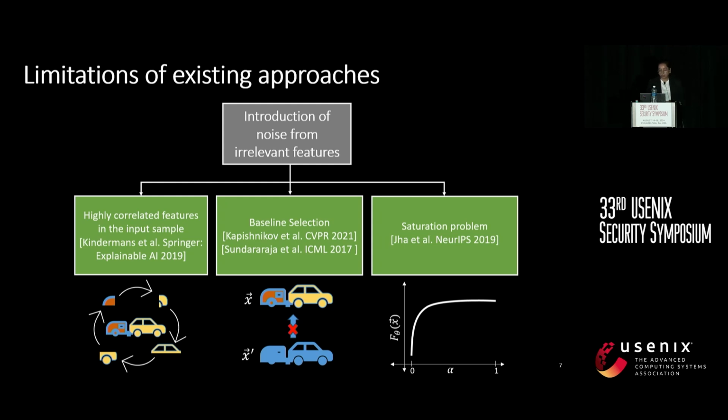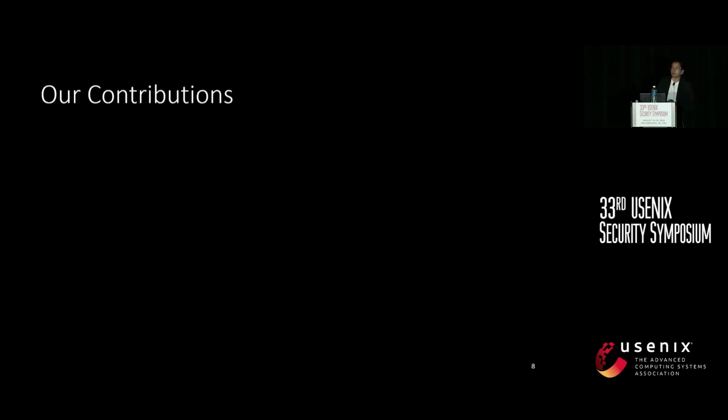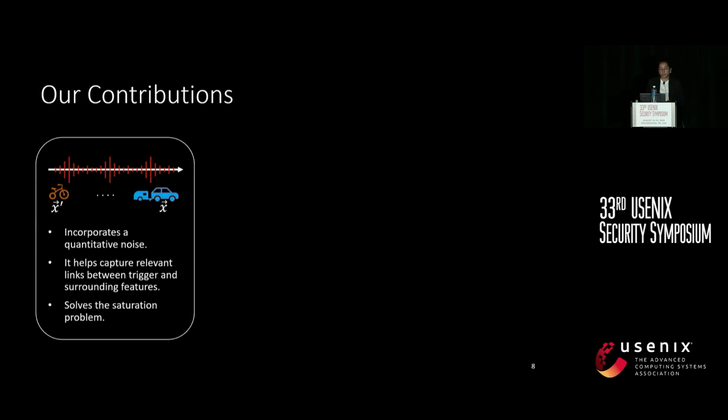So our goal in this paper is to remove these limitations and propose an approach that works better. In order to remove these limitations, our first contribution is to incorporate a quantitative noise.